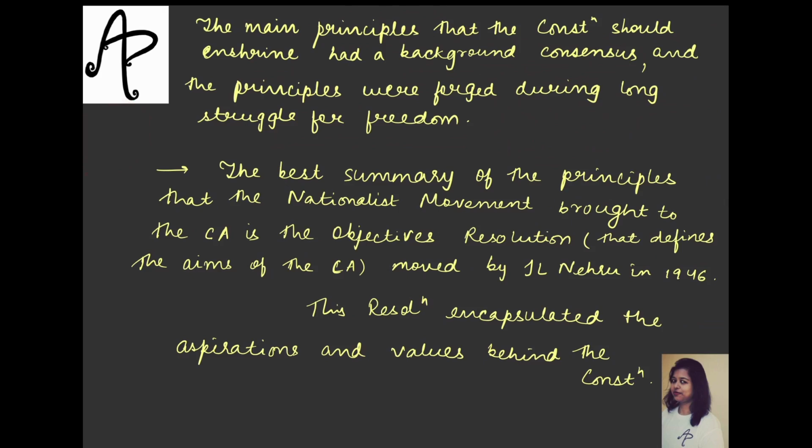And the best summary of the principles that the nationalist movement brought to the Constituent Assembly is the objective resolution. Now understand this. So the nationalist movement, which has focused on several values that, you know, when we will get independence, these are the things that there should be in the constitution.